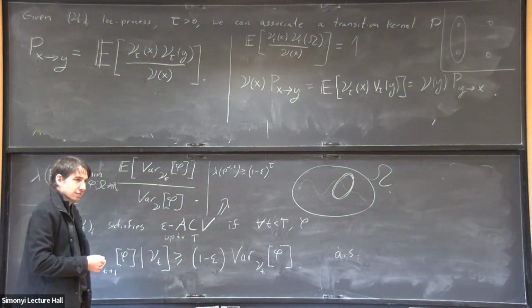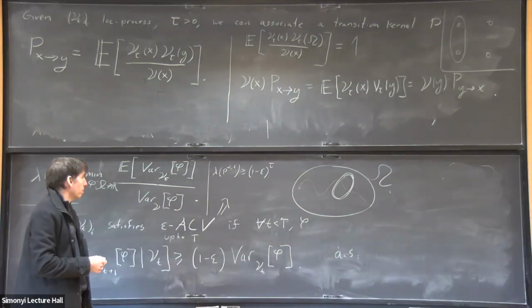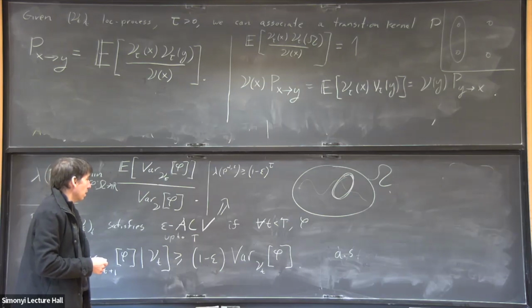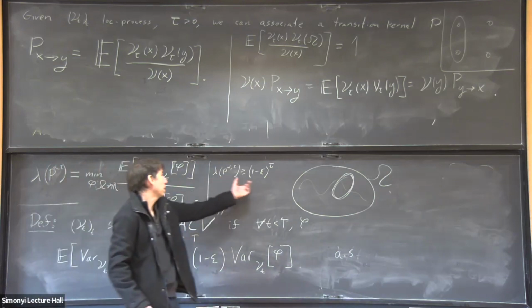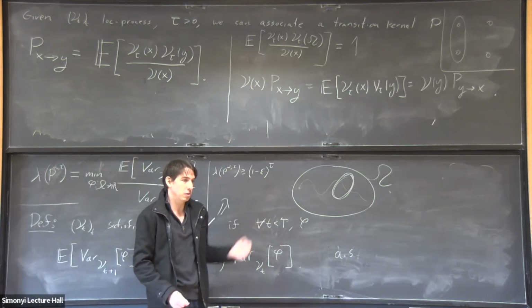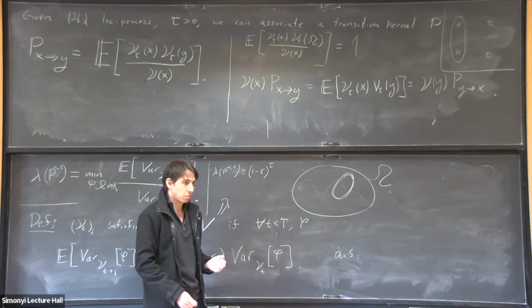So lambda is still the gap or lambda is the eigenvalue? Lambda is the gap. The gap, it's very small, but it's hopefully not too small. So, okay.